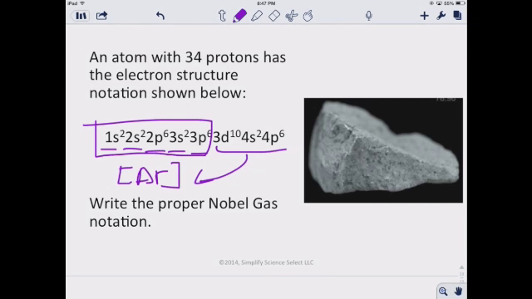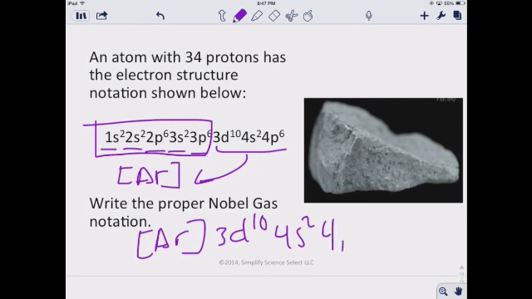So it'd be argon, and then we'd have 3d10, 4s2, 4p6, and that would be our shorthand version. So just Ar in brackets, and then just the rest of this: 3d10, 4s2, 4p6. And that would be our shorthand version for that selenium atom.